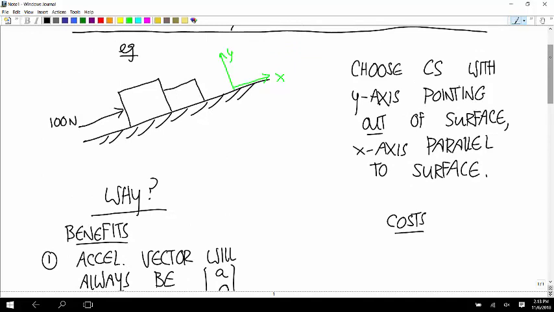So that normal force is perpendicular to the surface. If we use a standard coordinate system like that, we'd have to use cosine and sine to represent that normal force. Not just a pain because you have to represent it, but also because you have an unknown then multiplied. You'd have like n times this cosine and sine thing, and it would make solving the equations more complicated. You have to solve everything as a system of equations. So these are pretty big benefits.